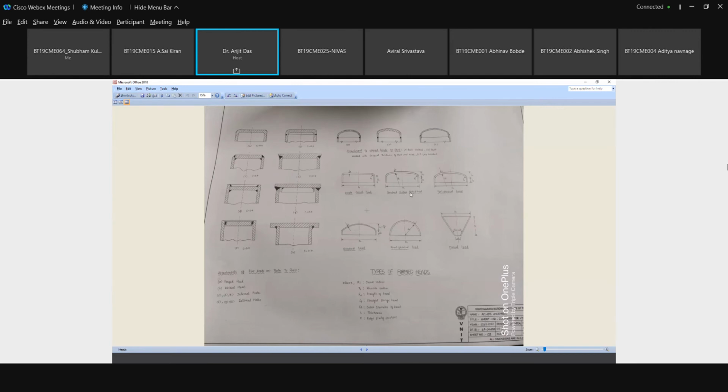And in the formed head, different types of heads are also there. Okay, disc, shallow, then the shallow disc, then the spherical, okay, ellipsoidal or elliptical, hemispherical, then the conical, okay, different types of heads are there.